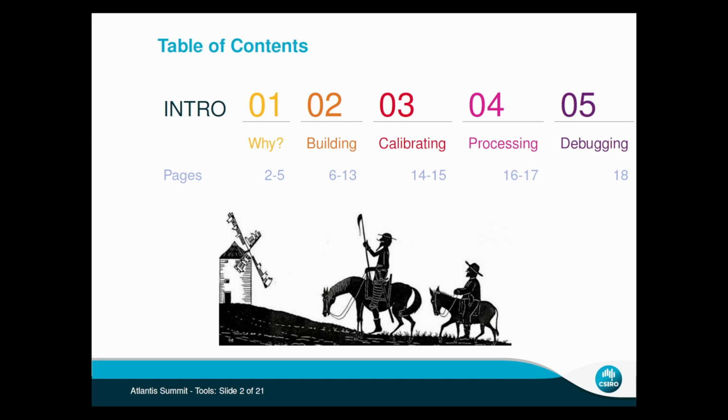Yes, it can be used just to build Atlantis, to calibrate Atlantis, to process Atlantis, or even some tools that can help debugging Atlantis. So this is the short overview of the tools that we use and that we have and that you can use, and it can help, like Sancho helps Don Quixote. These tools will help you to fight those windmills.